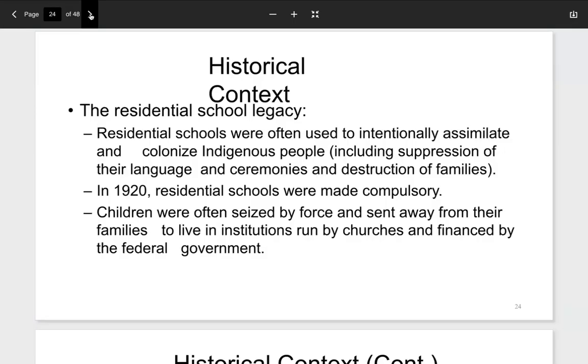And the first known contact between the Indigenous peoples of Canada and Europeans was around the 10th century through the Vikings. And then that kind of started the concept or the practice of colonization. So when we're talking about colonialism, it's a policy about acquiring and maintaining colonies.